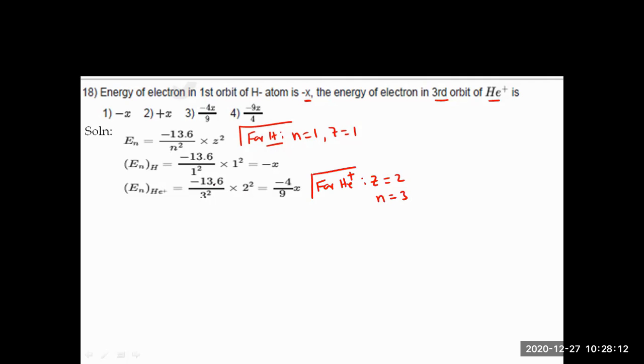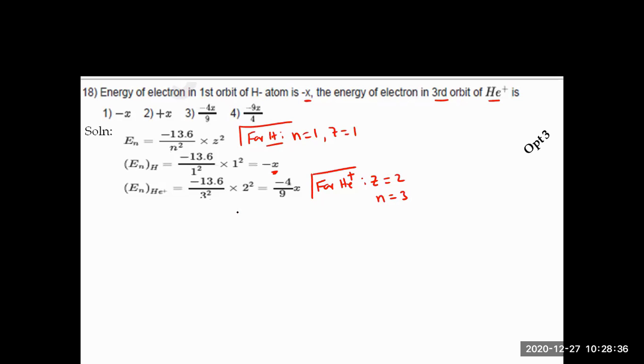What is minus 13.6? It is nothing but minus x. Correct now? So in the place of 13.6, you can write x, and 2 square is 4, divided by 3 square is 9. Am I right? So in that way, answer becomes 4 by 9 times x. So option 3 is correct.